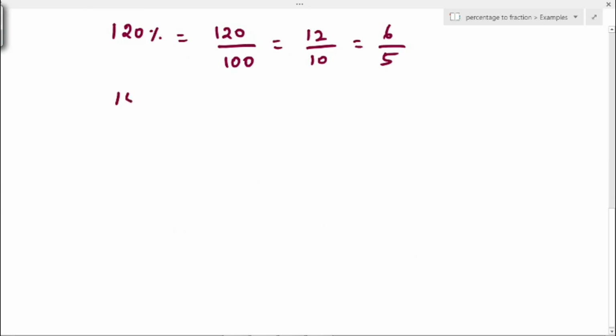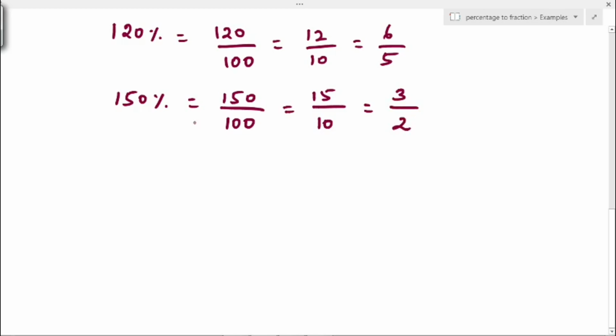Next, if we have 150%, this 150% can be written as 150 divided by 100. Again, this can be written as 15 divided by 10. See, both 15 and 10 are divisible by 5. So if you divide it, you will get 3 divided by 2.